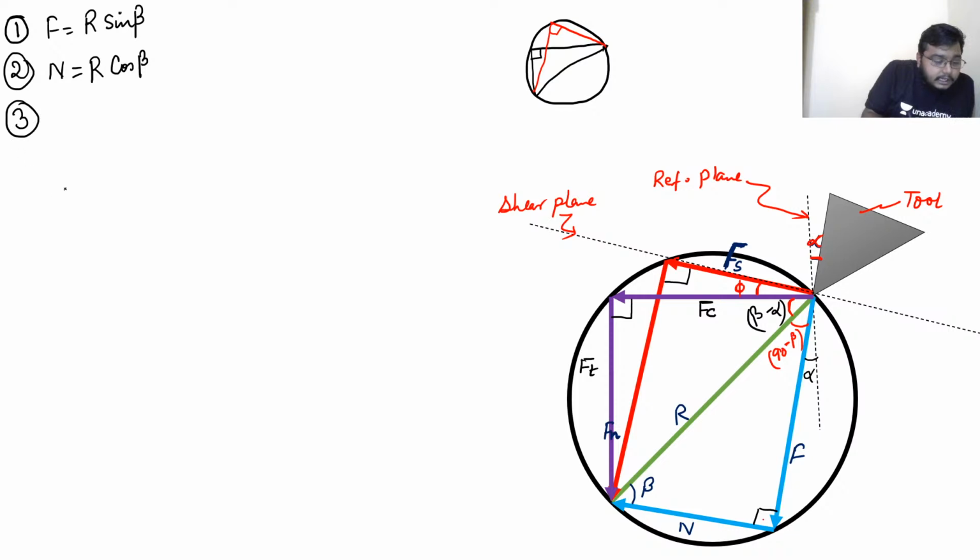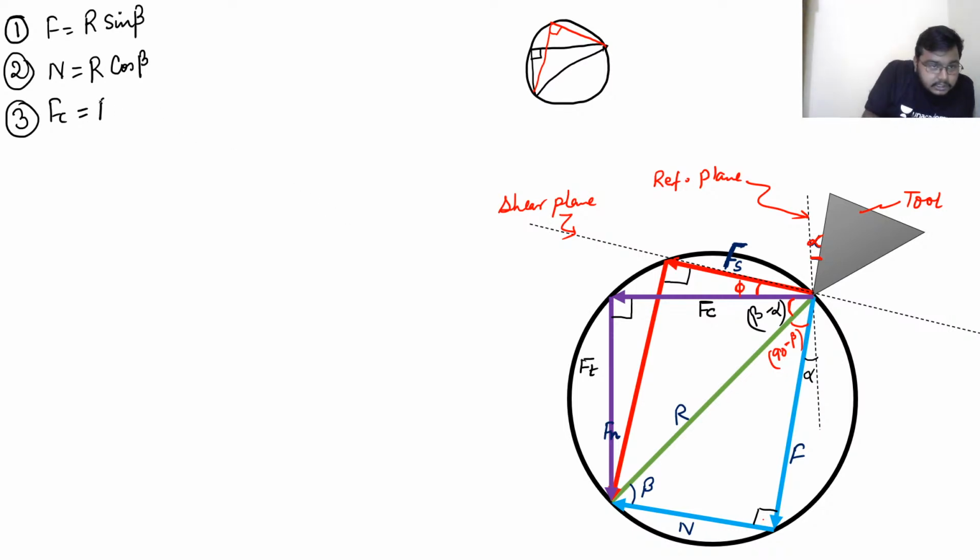Third relation what I can write is FC. This is your cutting force, and this cutting force is making the angle beta minus alpha with this R. Clear? So when I write the FC in terms of R, the angle would be beta minus alpha.